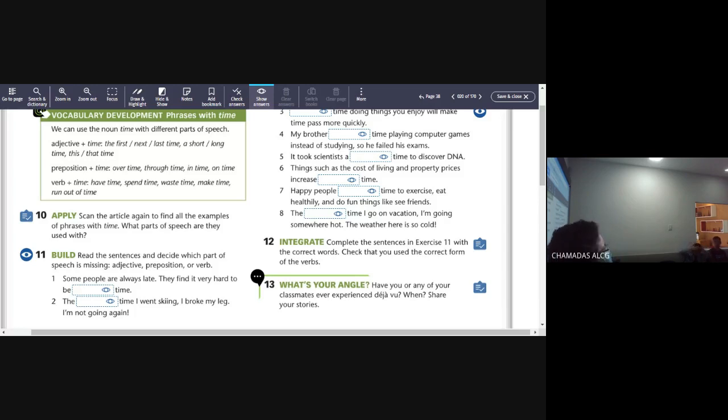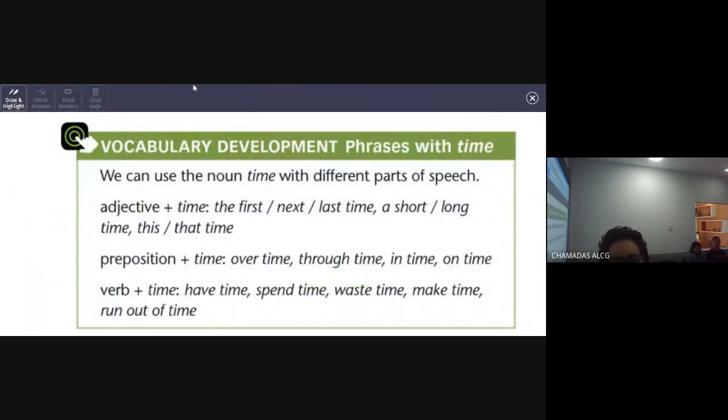And then we sometimes have those memories or false memories, okay? So we are talking about time, okay? Let's take a look here. We can use the noun time with different parts of speech, okay, guys?